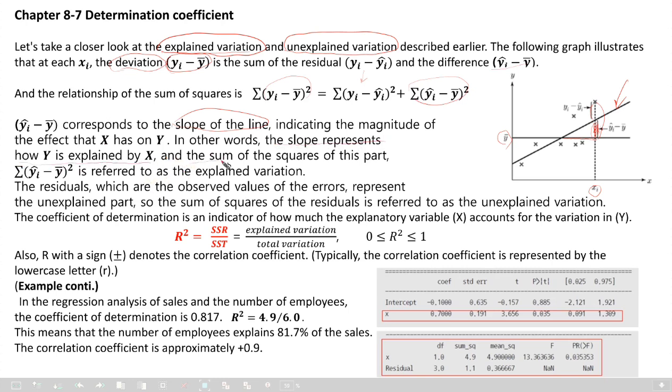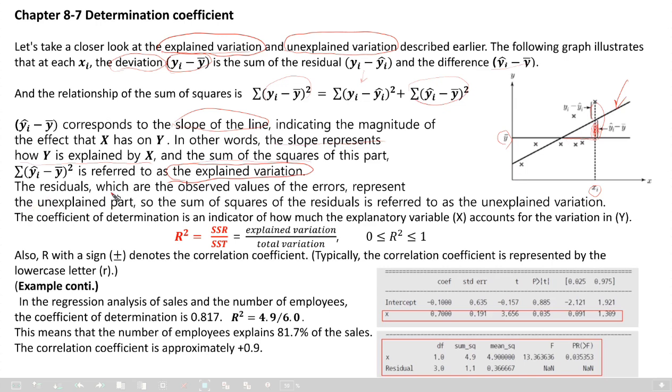So the sum of squares of this part, summation of yi hat minus y bar squared, is referred to as the explained variation. Understand that? Explained by what? The slope, by the line. Slope is important in this line. Intercept is not important.